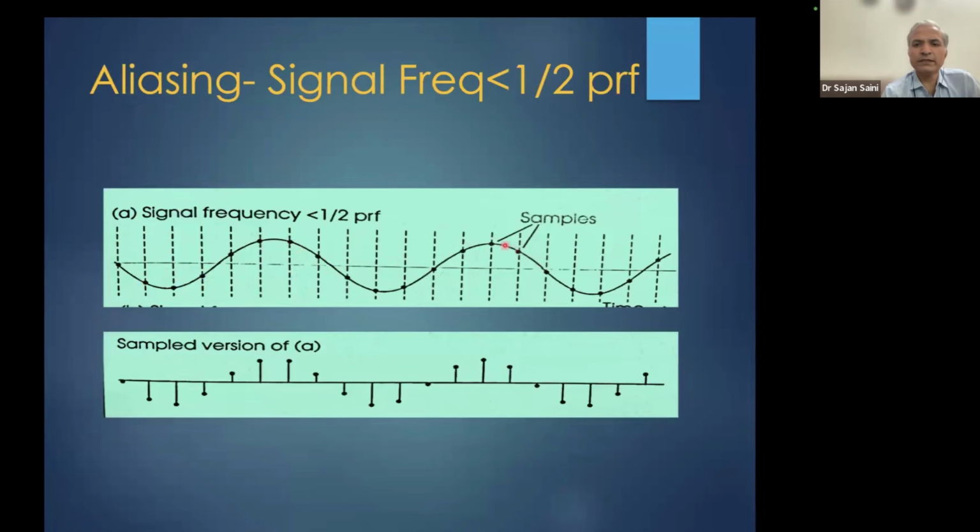Blood is flowing with a particular frequency, and my Doppler shift is calculated here, and this is the sampled version of the Doppler shifts. Once I draw the line, this particular Doppler shift closely matches the original signal.